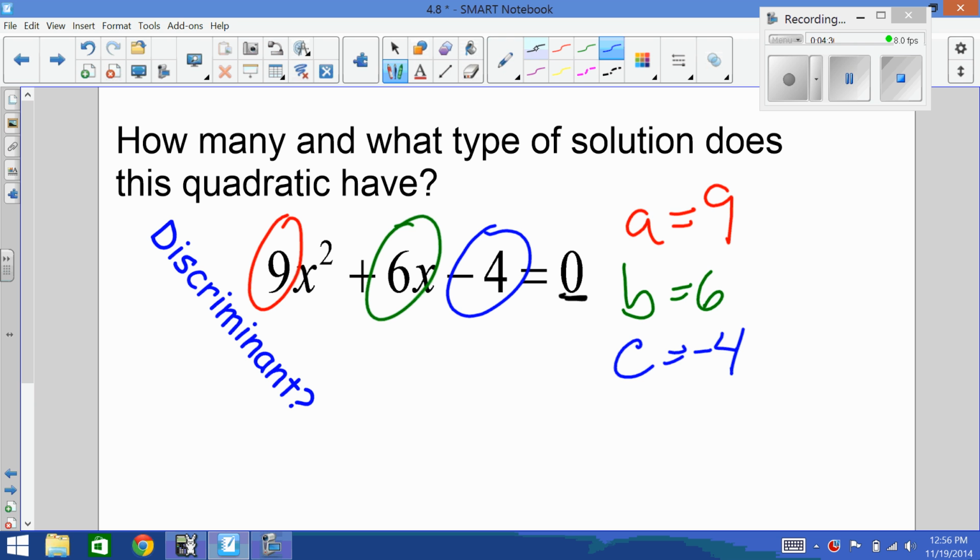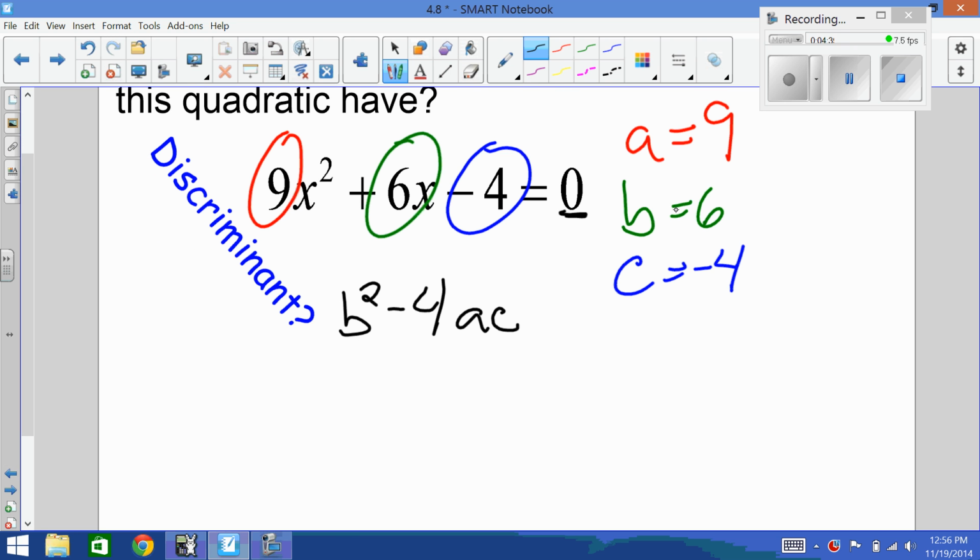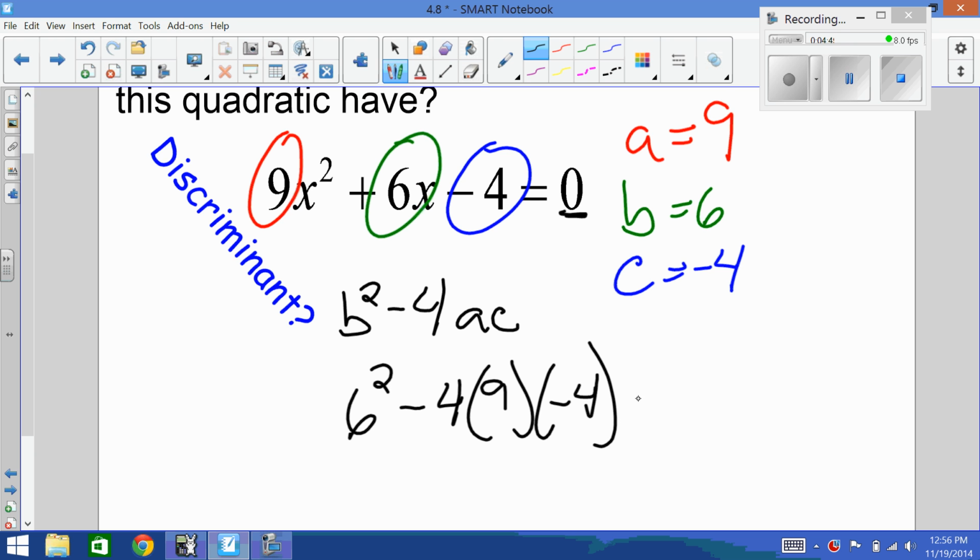So now we're going to do b squared minus 4ac. So b is 6, so it'll be 6 squared minus 4 times a, which is 9, times c, which is negative 4. Here, 6 squared is 36, and then negative 4 times 9 times negative 4.